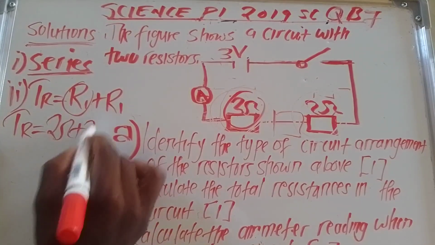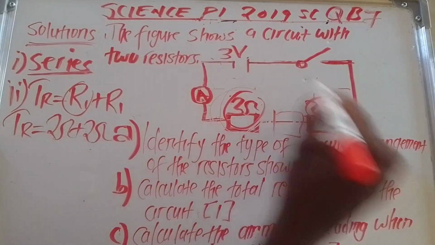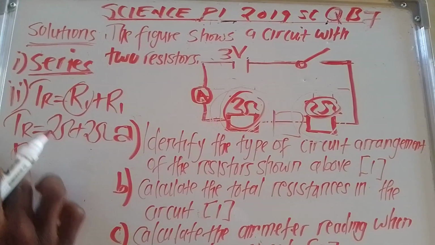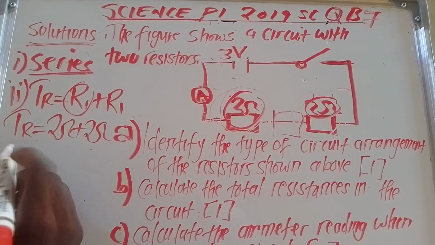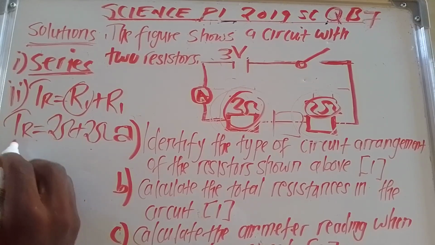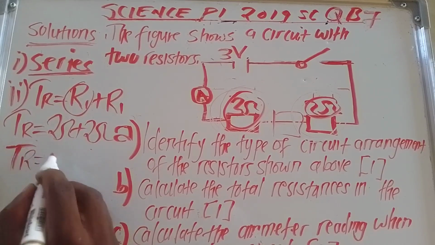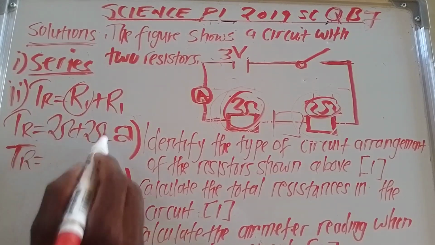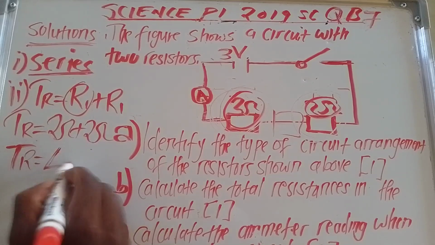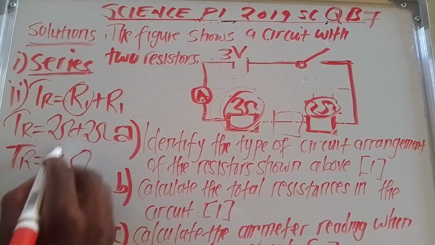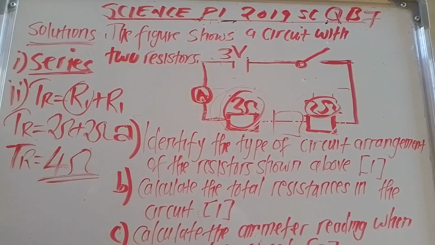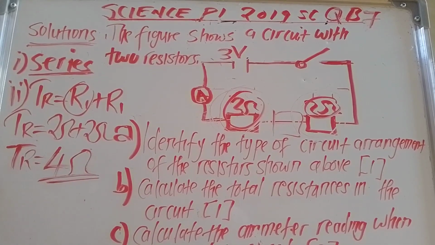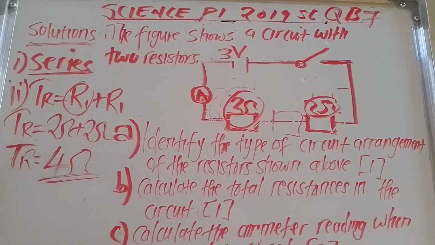Plus, our resistance 2 is also 2 ohms, which is right over here. So our total resistance is going to be, we just have to add 2 plus 2. And I'm sure even a grade 1 can answer this one. 2 plus 2, the answer is 4 ohms. So this is the answer for question B.